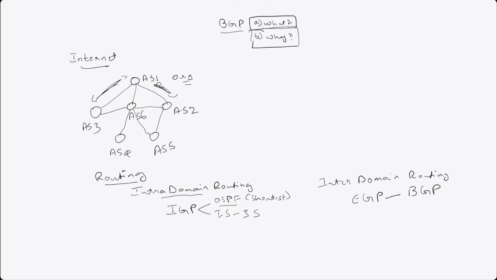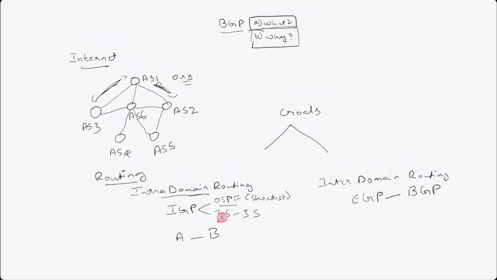Well, there are a couple of reasons, but the primary reason is that the goals of an intra-domain routing protocol and an inter-domain routing protocol are different. The goal of an intra-domain routing protocol is to efficiently route packets from point A to point B, within its own independent network.